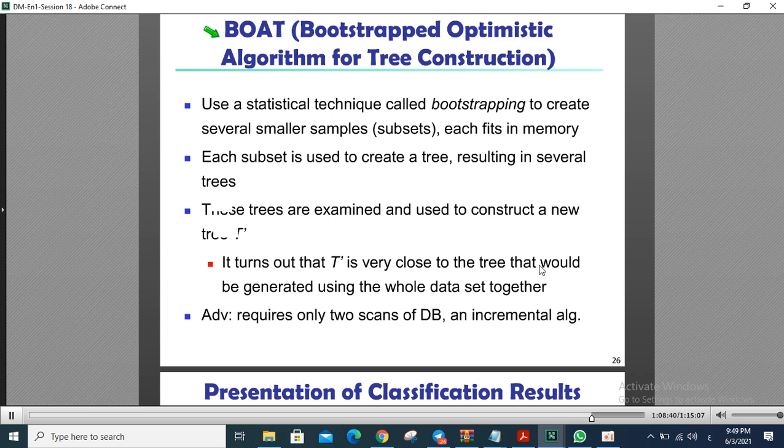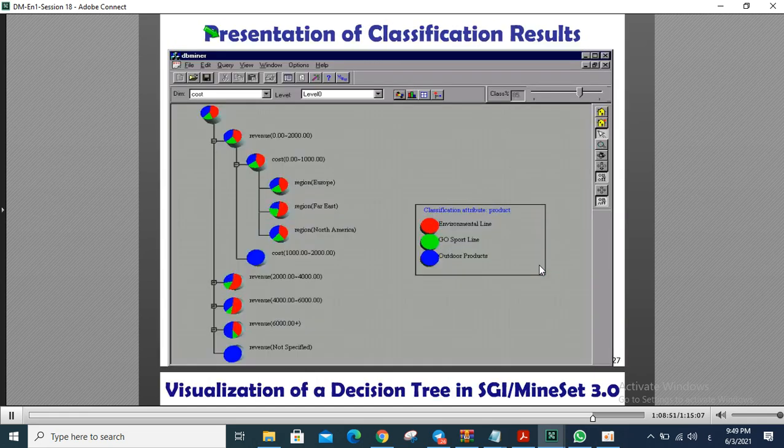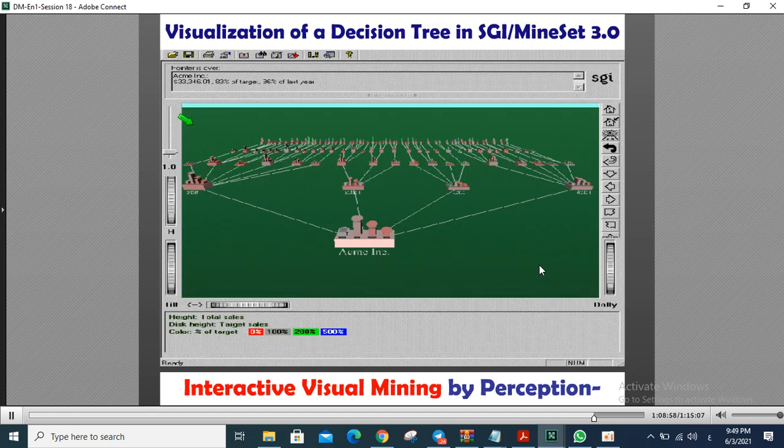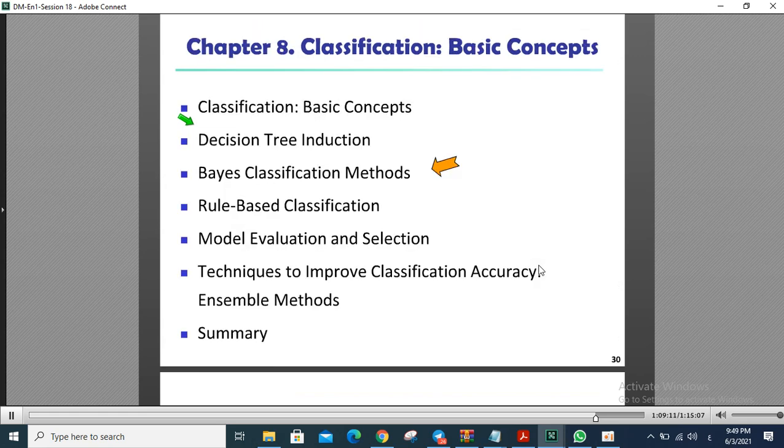In this strategy, we need only two scans of the database. The first scan is to create the small trees, and then in the second scan, I should check the structure of the new tree. So it's a good algorithm when we are using large data sets.